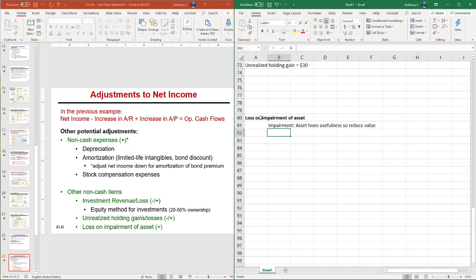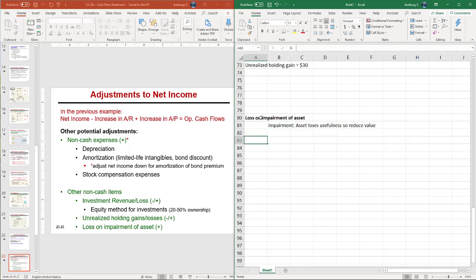Right? And when we reduce the value of the asset, we'll book a loss along with it. So this is kind of similar to depreciation, where we're decreasing the book value of an asset, but no actual cash is being paid out. So then if we have a loss on impairment of an asset, we need to add that loss back into net income to get over to a cash basis.